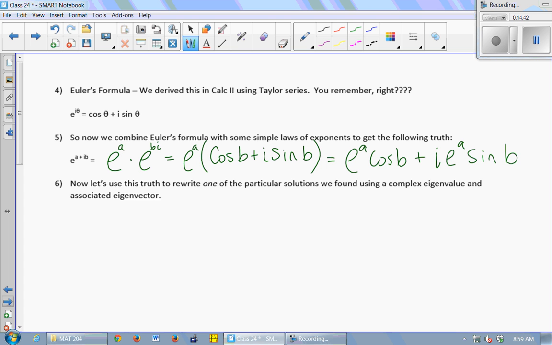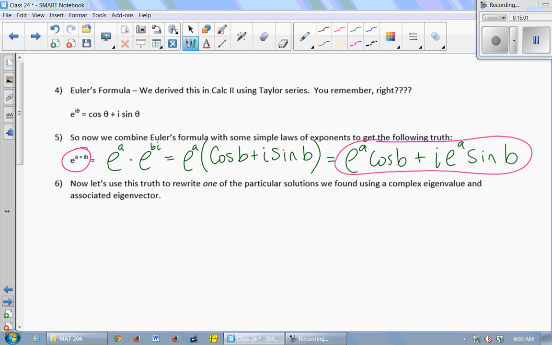And that's it. So this is what we're going to use to simplify whenever we have e to a complex exponent.